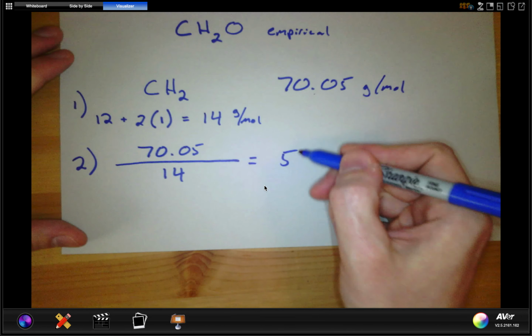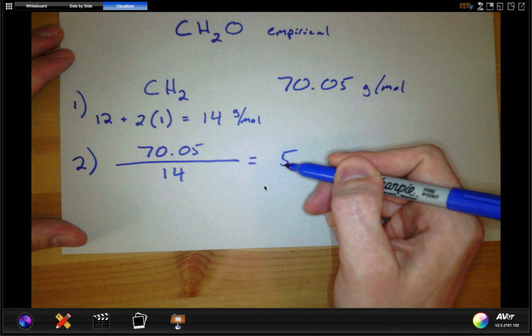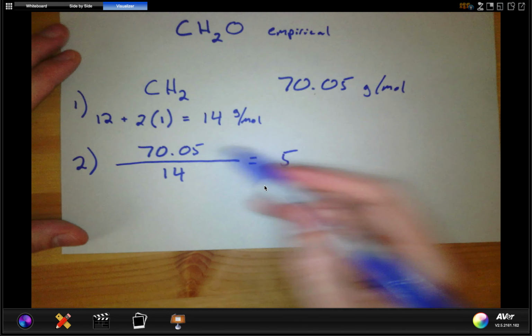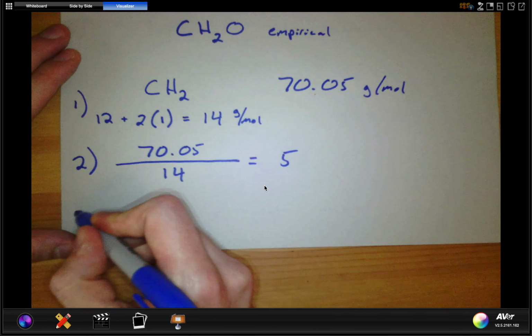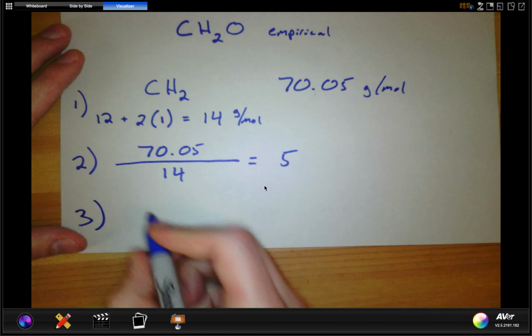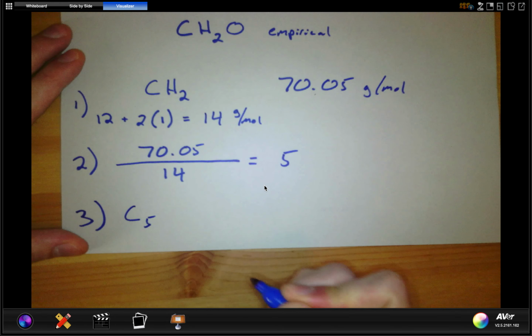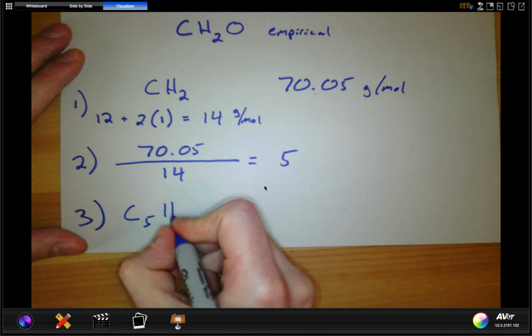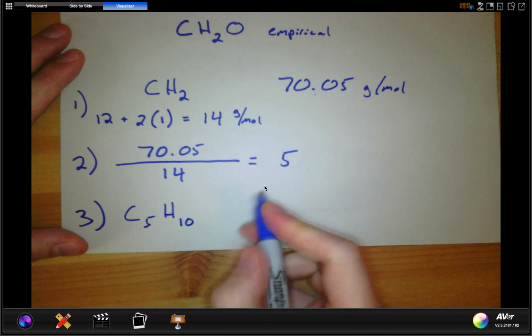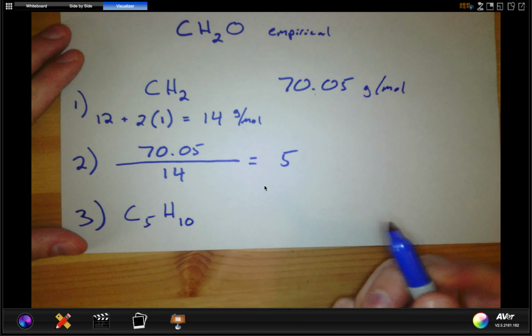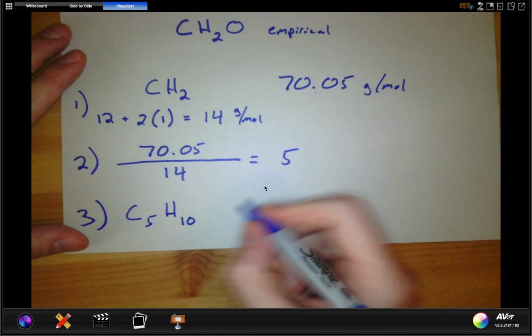What does that mean? Here's the number we obtained in step 2, there's the empirical formula. So if I multiply the subscripts by 5, 1 times 5 is 5, so C5, H10, because 5 times 2 is 10. So this is the molecular formula.